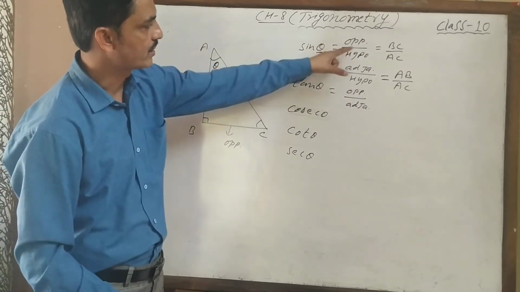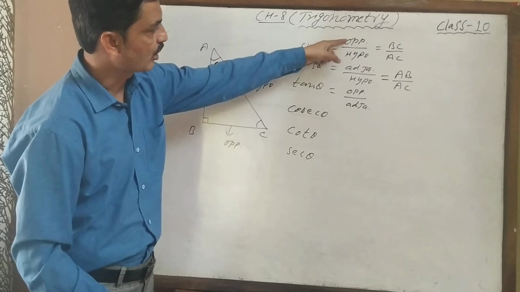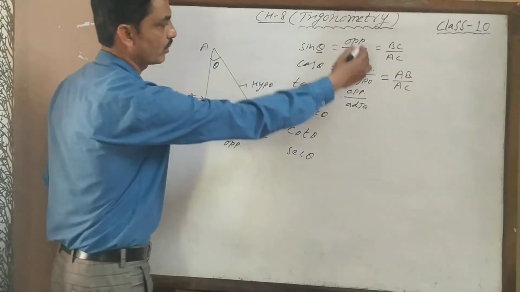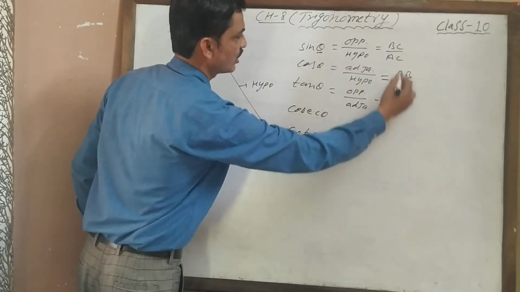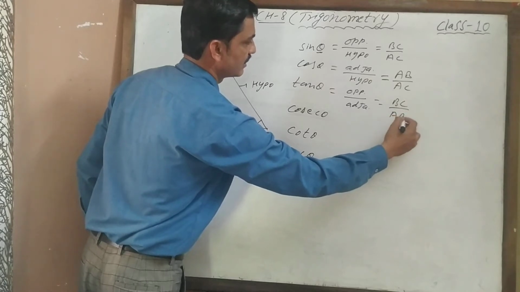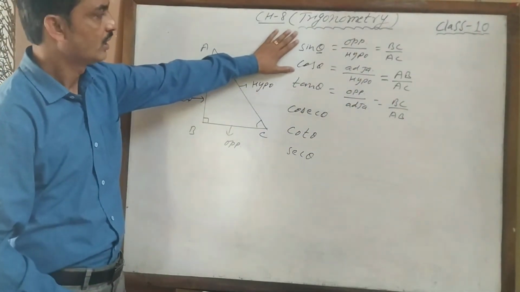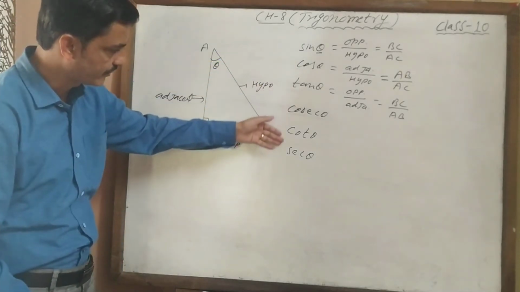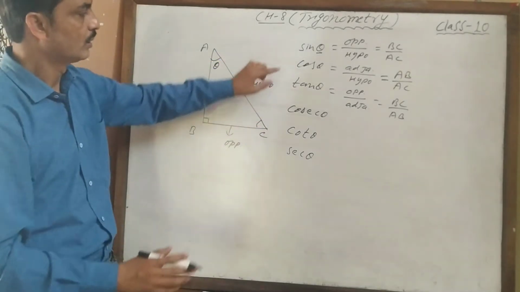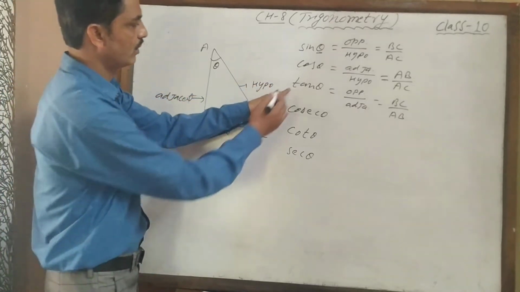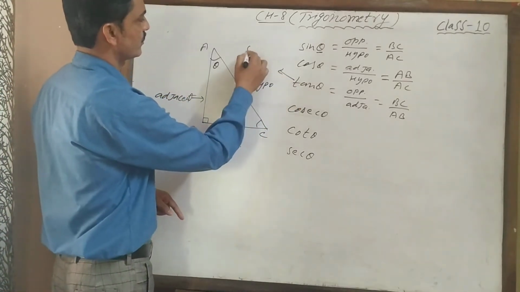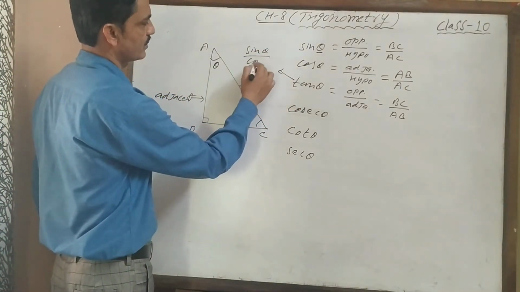Opposite upon adjacent. It means BC upon AB. If you remember only sine theta and cos theta, you can calculate the rest of the four. How? Because tan theta is also sine theta upon cos theta.